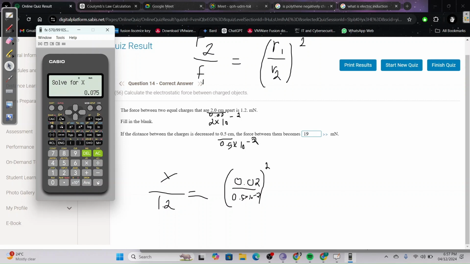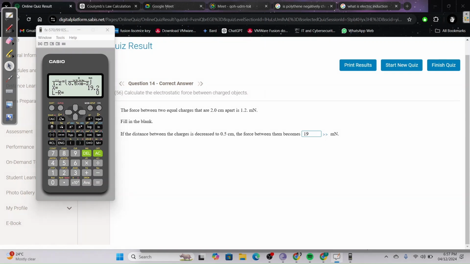So shift calc equals 19.2. Then you want to round down, it becomes 19. Okay, question 14 solved.